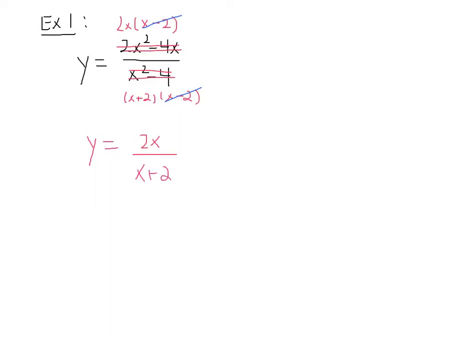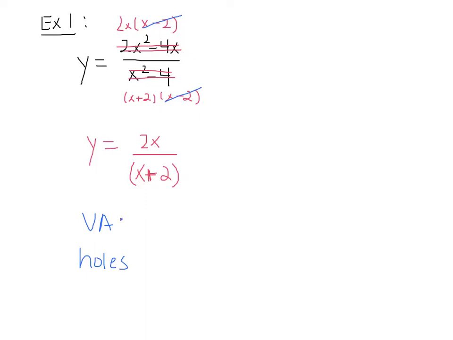Now remember, you can't cancel off those x's because this x plus 2 is a group. You can't cancel off the x's unless it's separate. Okay, so here's what I have. Now I've got to find the vertical asymptote and I've got to find the holes, and that's going to tell me where the graph is discontinuous.